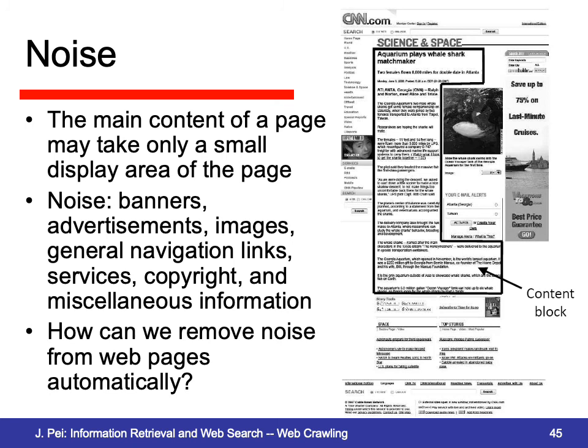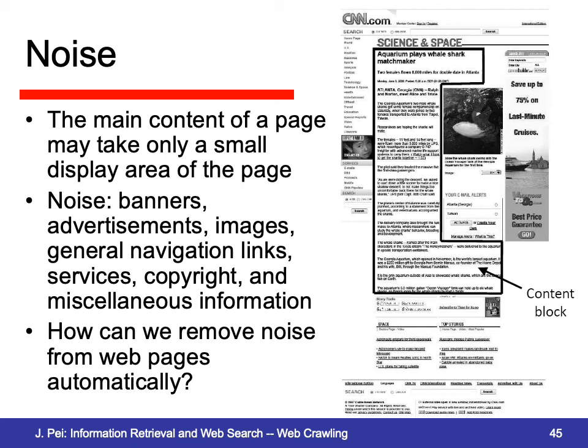In crawling, another task is to handle noise. Because the main content of a page may take only a small display area of the page, and there could be many noise areas, such as the banners, the advertisements, the images, the general navigation links, services, copyrights, and other information.